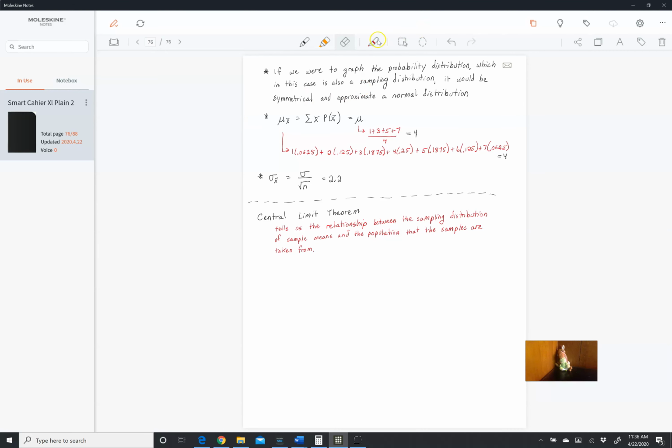Okay, so there are 2 parts to the central limit theorem.